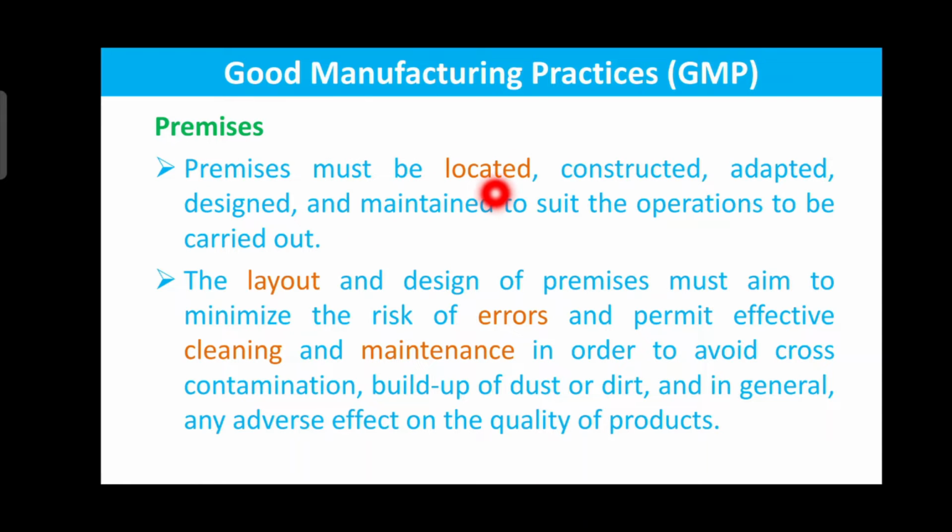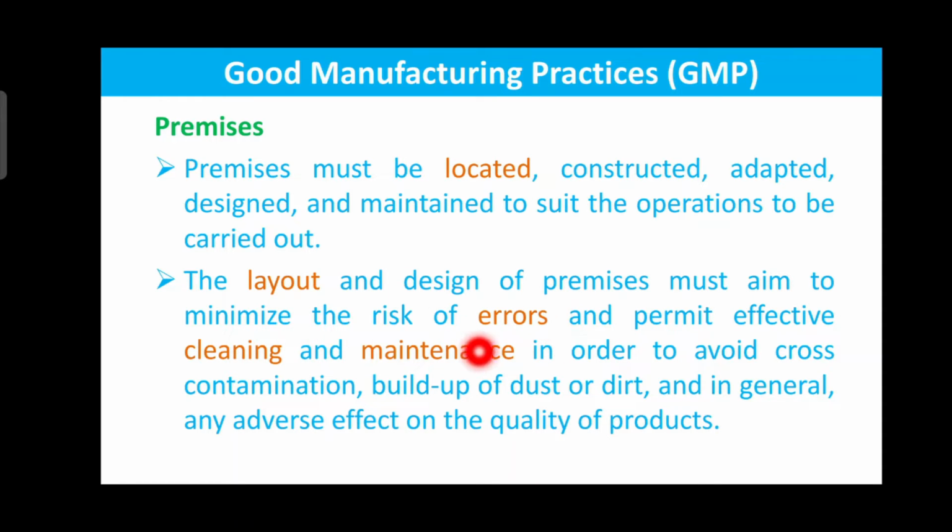So the premises must be located, then constructed, even the material of construction that you use to build that plant, the walls and everything, then adapted, designed and maintained to suit the operations to be carried out. Even the maintenance part, that is cleaning and everything. Then the layout and the design of the premises must aim to minimize the risk of errors.